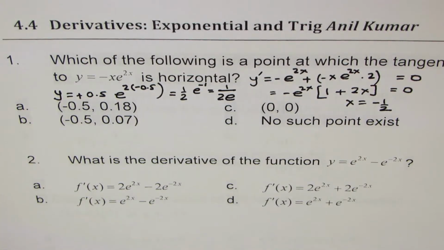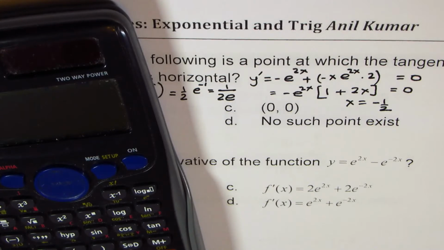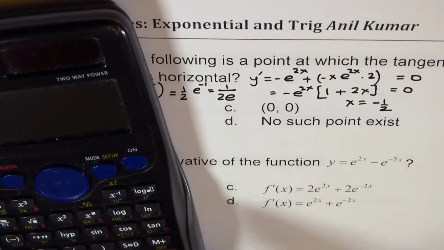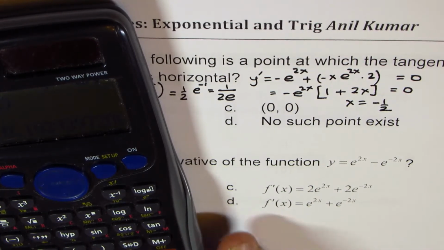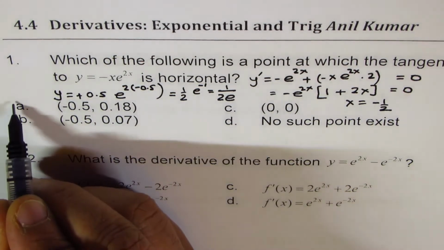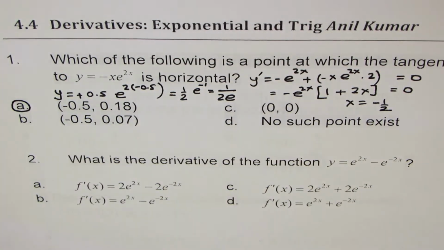That's the value. So let's calculate: 1 divided by, within brackets, 2e, which is equal to 0.183. So 0.183 is option A for us, correct? That is how you get A as the answer.